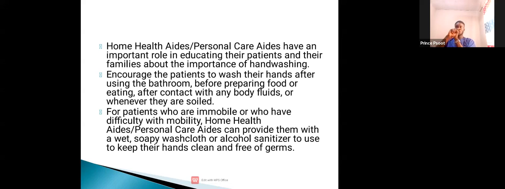For patients who are immobile or have difficulty with mobility, home health aides or personal care aides can provide them with a wet, soapy washcloth or alcohol sanitizer to use to keep their hands clean and free from germs.